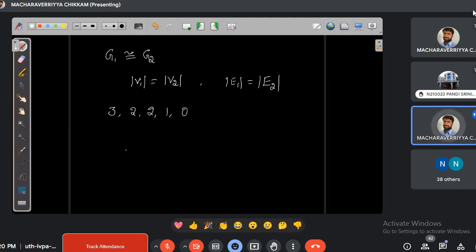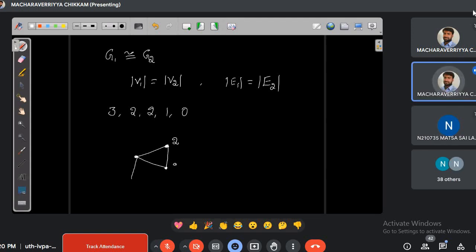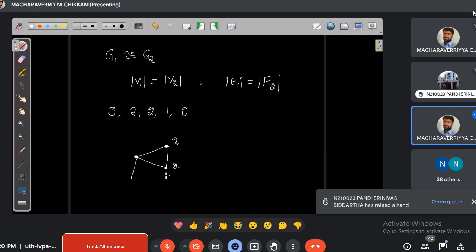Alright, now what is the graph? I would like to draw the graph here. There is one vertex with degree 3. Next, let me take this vertex with degree 2 and simply connect to it, so that this will have degree 2 and this will have degree 2.